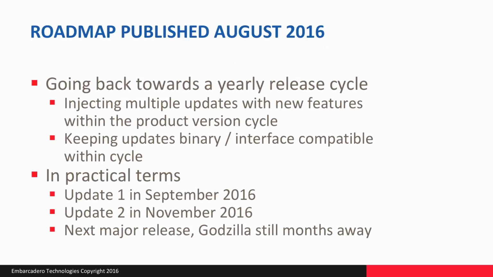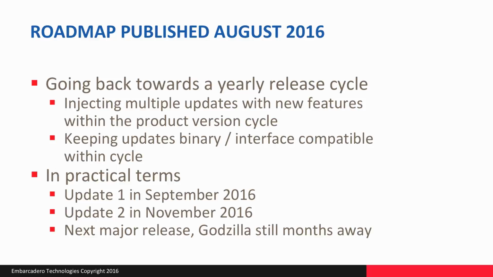So a couple of other notes to do with the roadmap. We're heading back towards a yearly release cycle. So in the past we had major releases every 6 months, and we've heard from many customers that that is too often. So we're going back to having a major release every year, but we're injecting multiple updates within that yearly cycle. And those updates will have new features. So they won't just be bug fixes or quality improvements, as perhaps you're all used to with our updates.